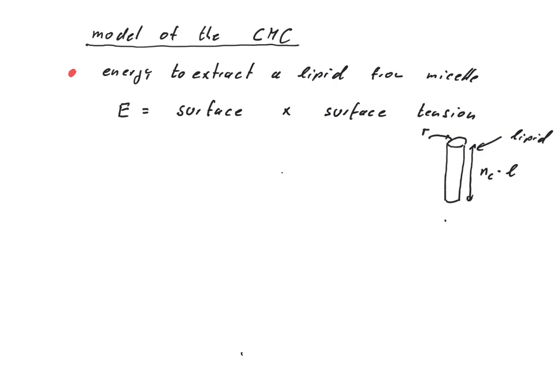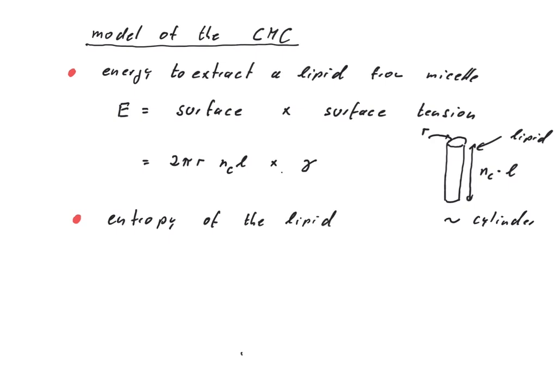So typically L is in the order of 0.3 nanometer. Now, the surface of the cylinder is then given by 2 pi r nc times L, and that we have to multiply by the surface tension, gamma. Likewise, we consider the entropy of the lipid. There we know that the entropy is given by minus kB log of the concentration.